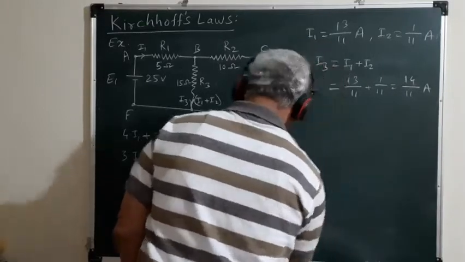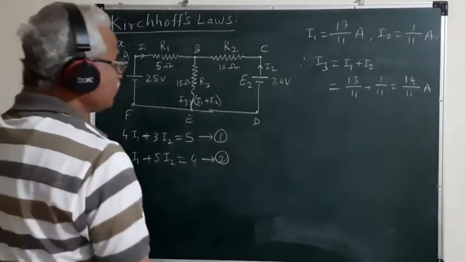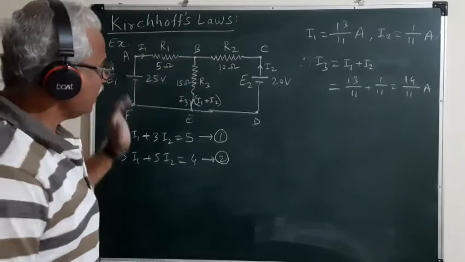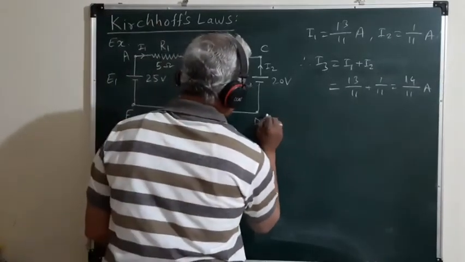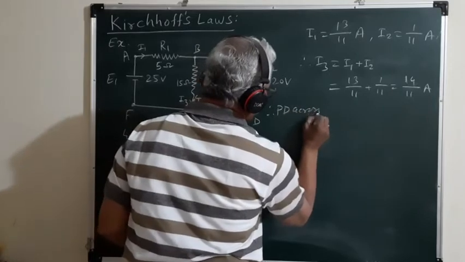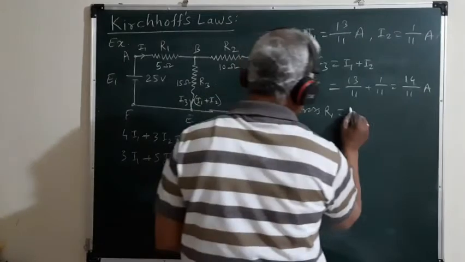And knowing the currents I1, I2 and I3, now we can find out the potential drops across R1, R2 and R3. Therefore, PD across R1 is nothing but I1 R1.